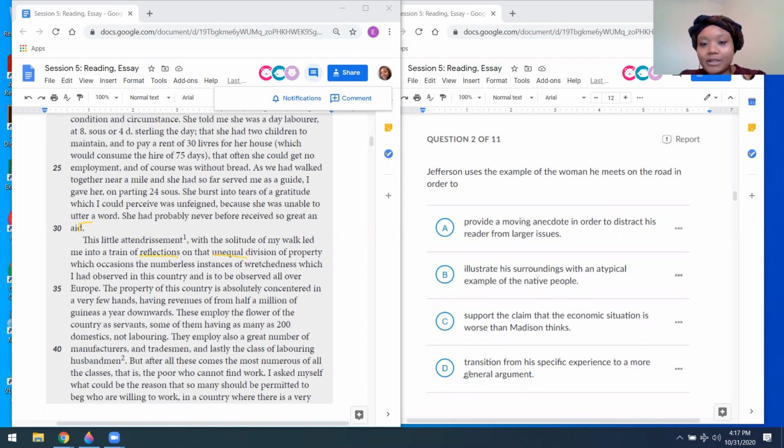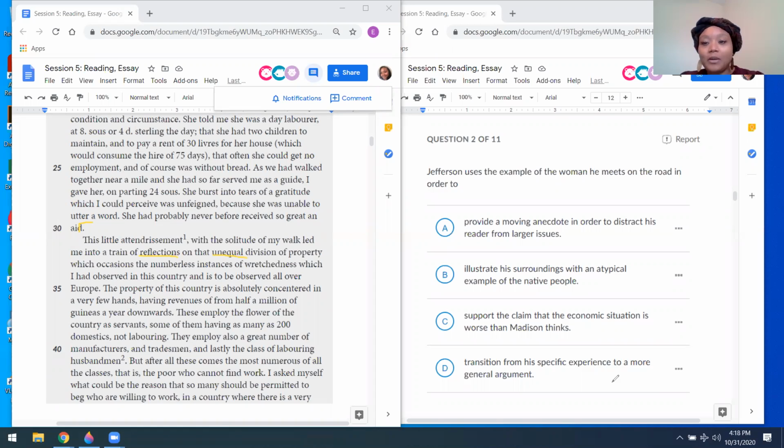So these lines support answer choice D, because he transitioned from his specific experience, which is speaking to the woman, hearing how much she makes, how much her rent is, she doesn't have bread, he gives her money, that whole experience. That's a specific experience.